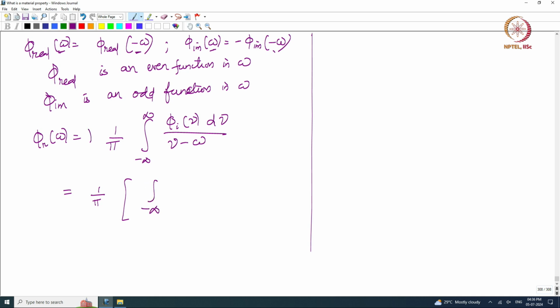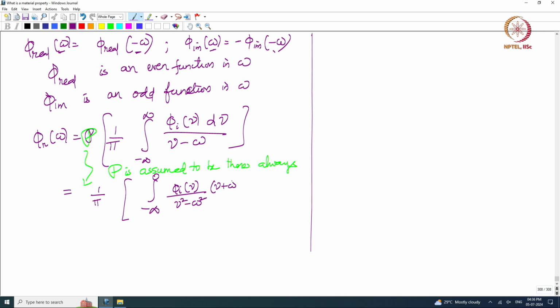So the P is assumed. So this is the integral from minus infinity to 0 of phi I nu divided by (nu squared minus omega squared) times (nu plus omega) d nu, plus the integral from 0 to infinity, again the same thing, phi I nu by (nu squared minus omega squared) times (nu plus omega) d nu.